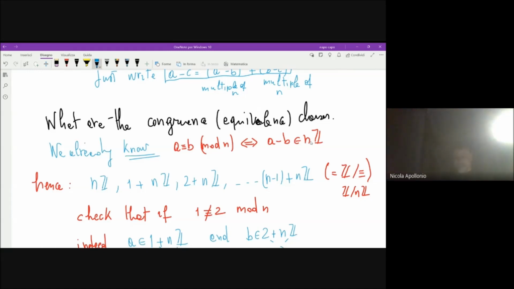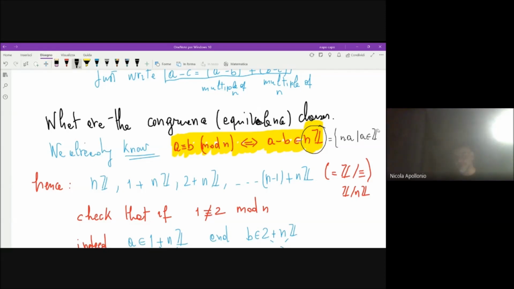So here there is another equivalent way to express the congruence. Saying that A is congruent to B modulo n means that A minus B is, you should recall this set. However, if you don't, I just write it.